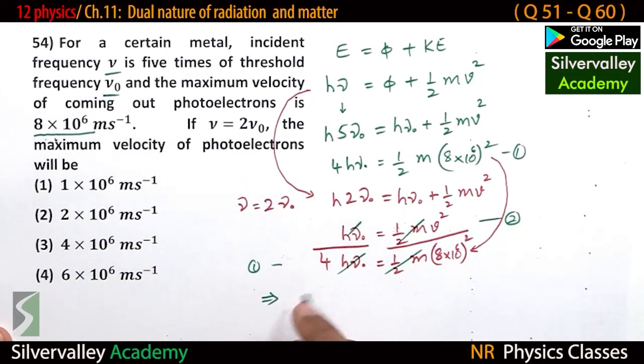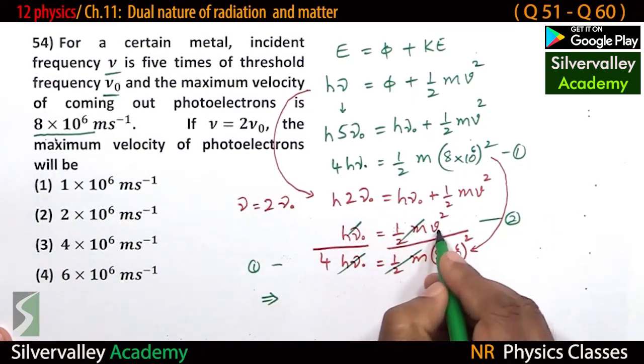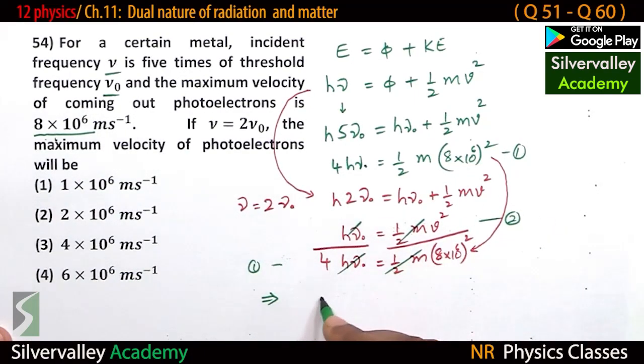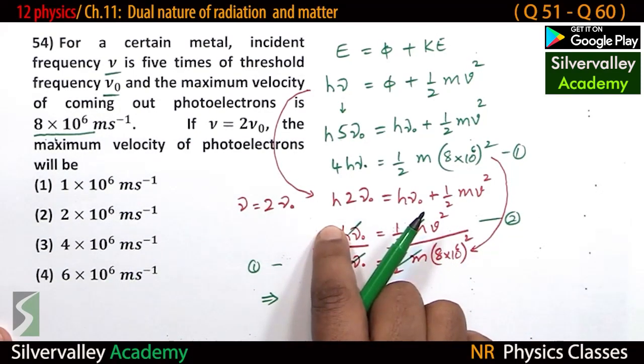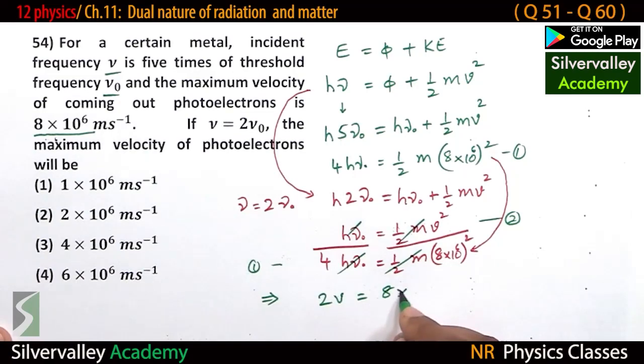This implies that take square root: 2 times v equals this side with square root. It is simply 8 times 10 power 6, or v equals 4 times 10 power 6 meter per second.